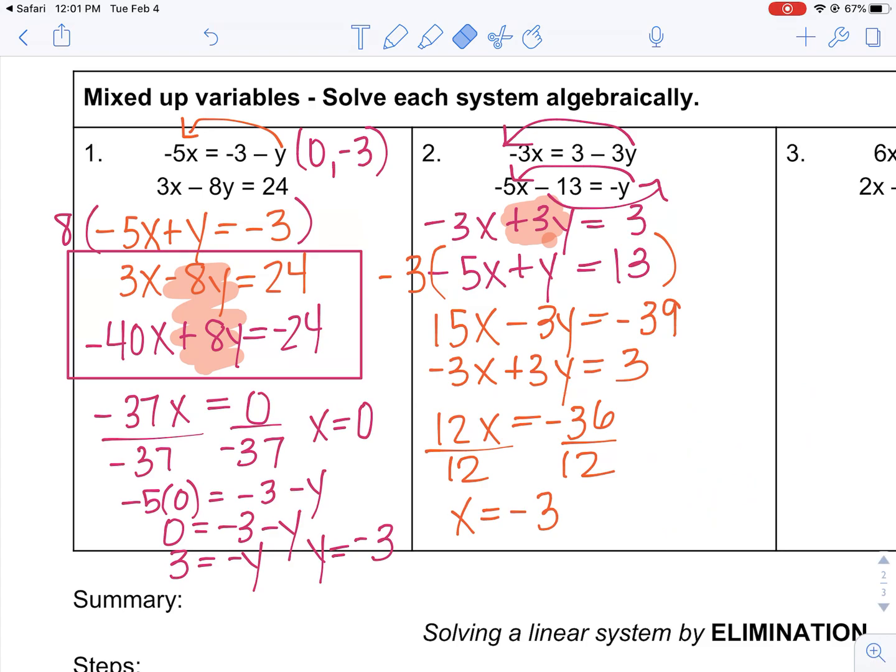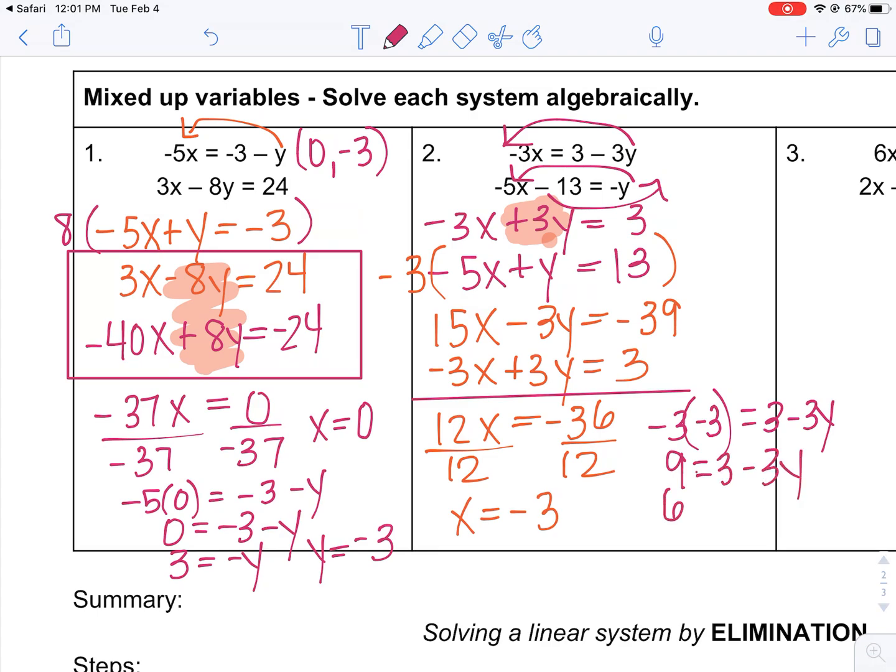I accidentally made the mistake of putting my variable in. I'm so used to putting it in for y. This should actually be negative 3 times negative 3. Sorry, I input my x value in for y. So this is 9 equals 3 minus 3y. This gives me 6 is negative 3y. And when I divide by negative 3, I get y is equal to negative 2. So my solution is negative 3, negative 2.